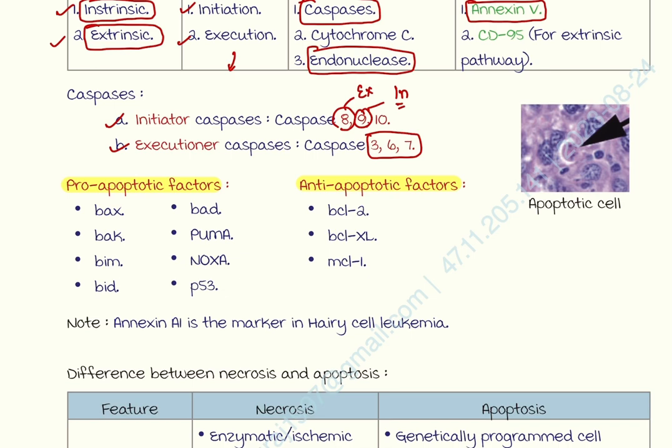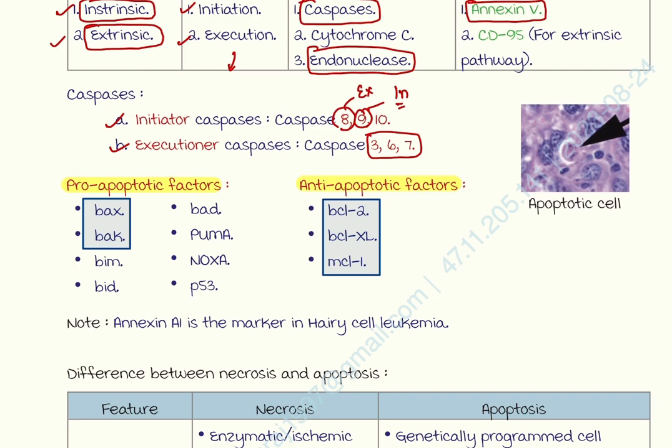The pro-apoptotic factors are BAX and BAK. Then you have anti-apoptotic factors like BCL2, BCL-XL and MCL1. So you can remember BCL and MCL as the anti-apoptotic factors.